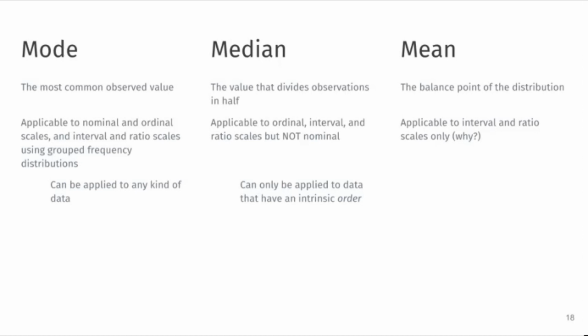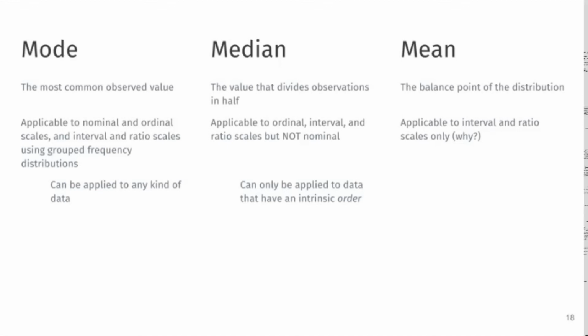And of course, interval and ratio scales are quite easily done with the median. It's just a matter of going through the mechanics of putting your observations in order, counting along until you find the point at which there are an equal number of observations above and below, and that's your median.